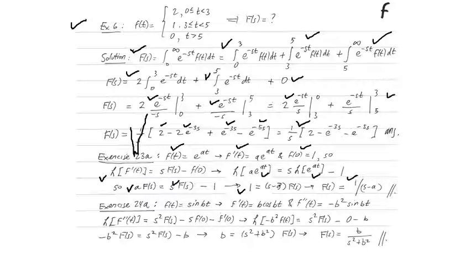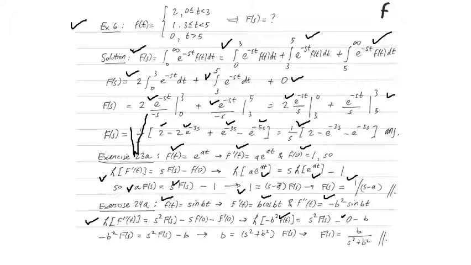Exercise 24a is similar. If I want the Laplace transform of sine bt, I found the first and second derivative, and then I use the operational property for the second derivative, which was given in the problem, and plugged everything in there. Plug in the second derivative, and if f of t is sine bt, f of 0 is 0, so the middle term drops out.